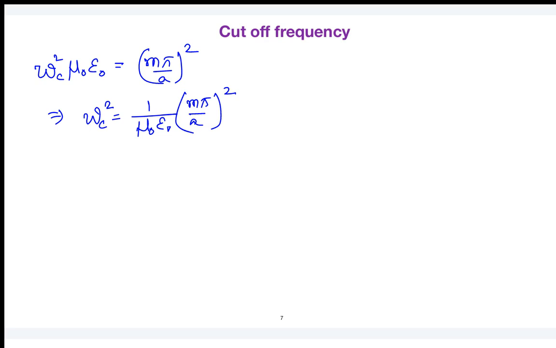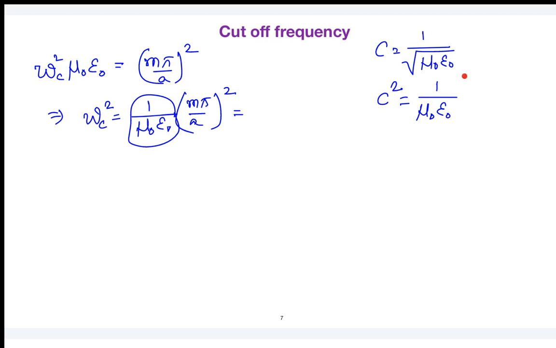You know that 1 by mu naught epsilon naught is c square, because the velocity of light we have defined as 1 over root mu naught epsilon naught. So you can remember this: c square into (m pi by a) whole square.